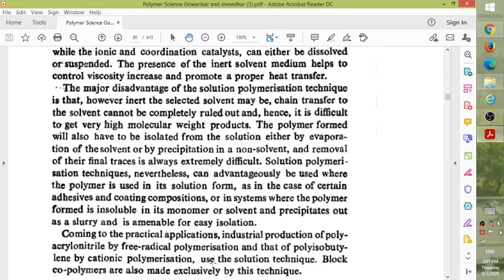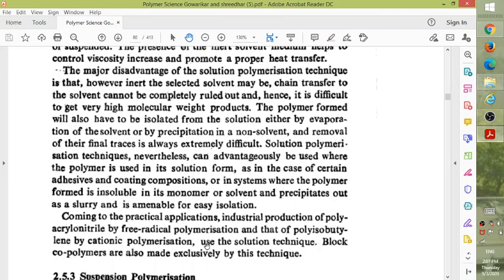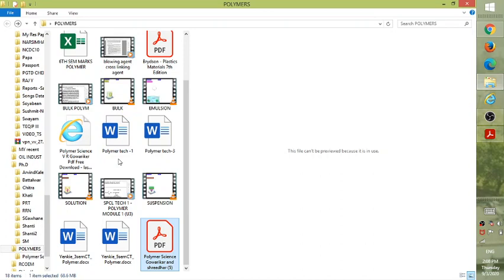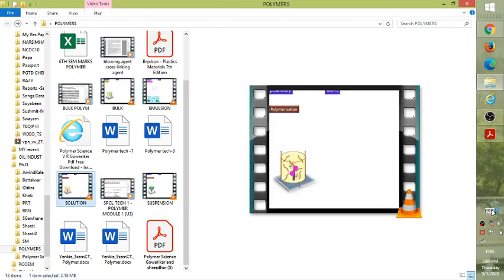So here are the two examples: industrial production of PAN by free radical polymerization and that of polyisobutylene by cationic polymerization use solution technique. Block copolymers are also made exclusively by this technique. So for a better understanding, let's watch a video of solution polymerization.